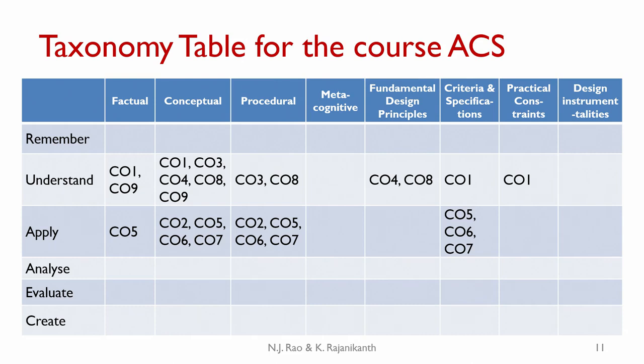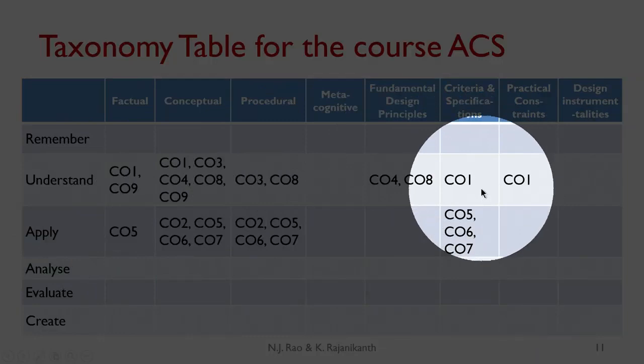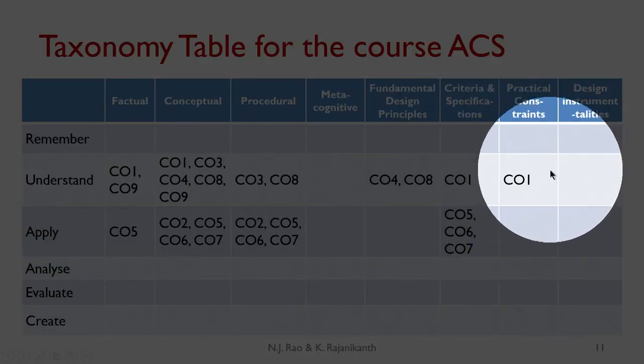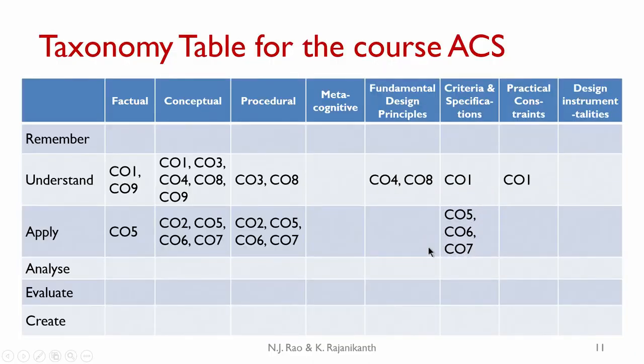For example, CO1 is appearing in the factual, conceptual, criteria and specifications, and also practical constraints. So one CO has appeared in 4 cells of the taxonomy table.